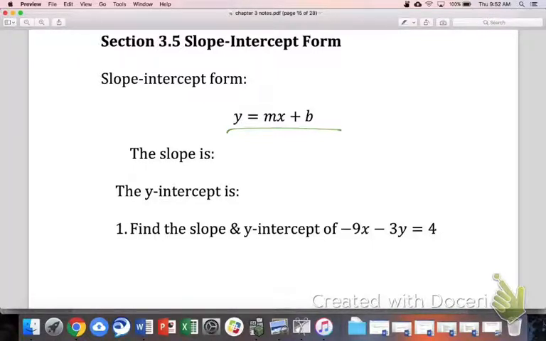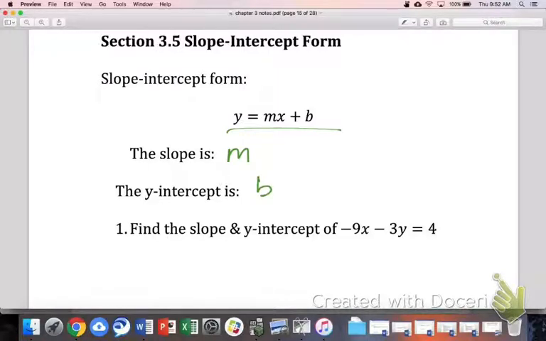The slope is actually m. The slope will not include the x. So let's talk about how we would identify this. The slope is definitely the number that is attached to the x. It just does not include the x. If your slope varies, you actually have a curvy graph, and these are lines, right? So your slope would simply be m, and your y-intercept is b.